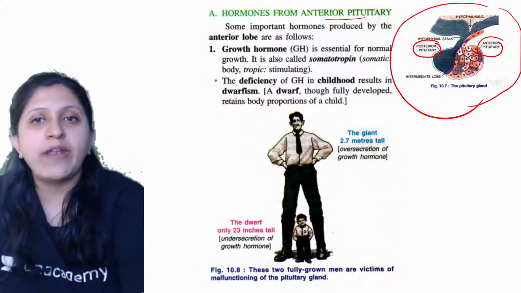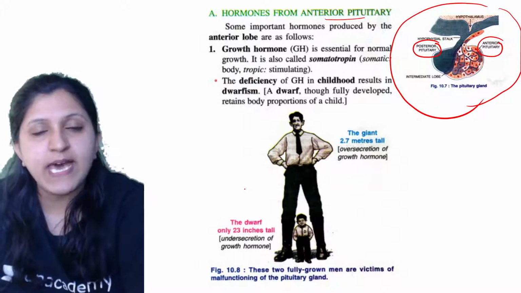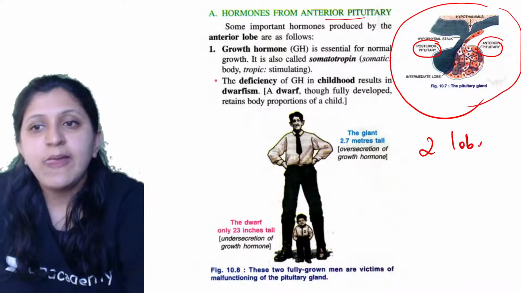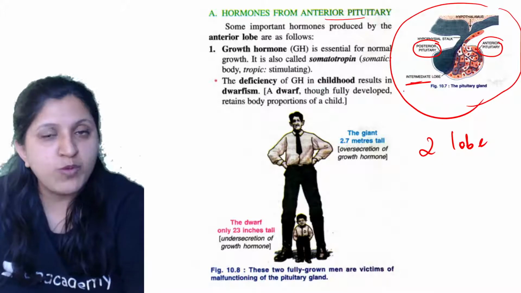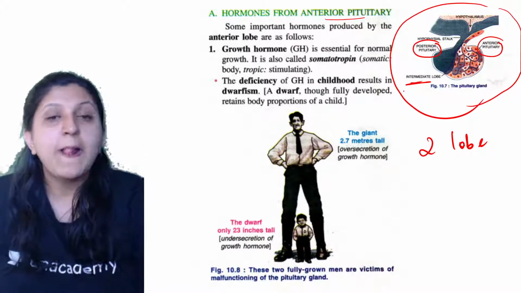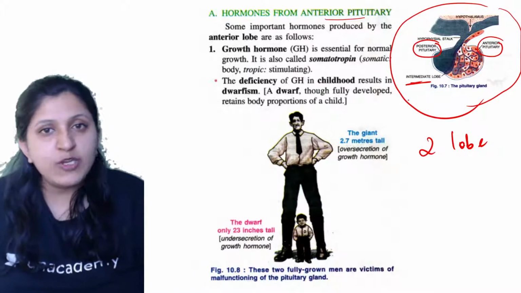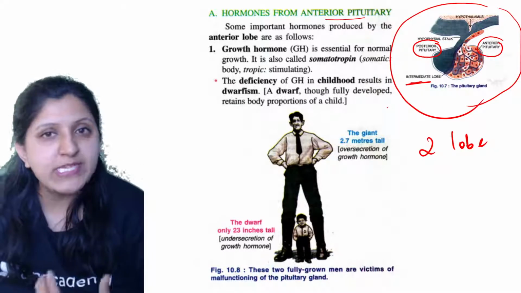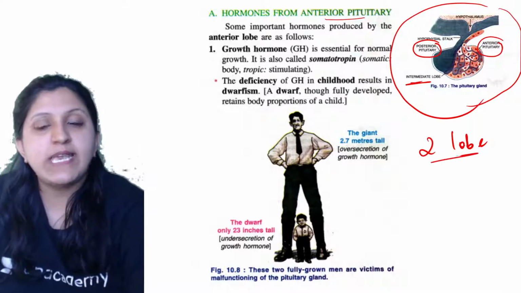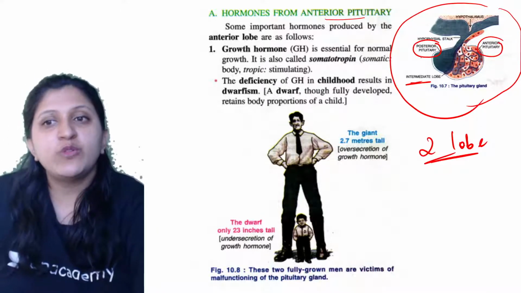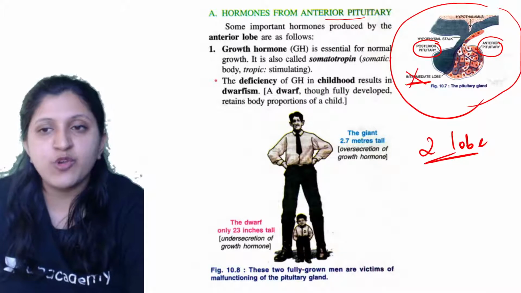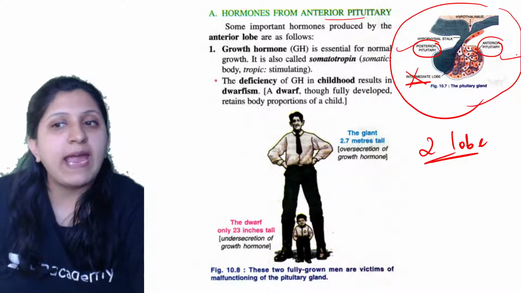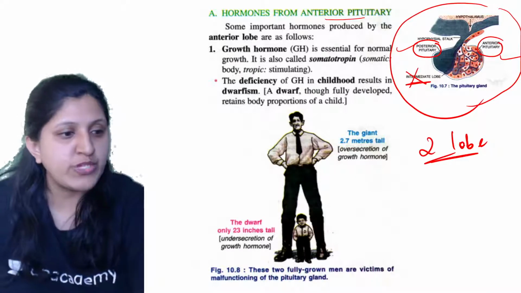Make sure that you are writing this: if they ask how many lobes are there in your pituitary gland, write 2 lobes only, because the intermediate lobe is almost absent in humans, but in other animals the intermediate lobe is present. Now they are talking with respect to humans because we are studying humans here. So say that it has 2 lobes. The intermediate lobe is absent in humans, so the posterior pituitary and anterior pituitary are the lobes which we find.